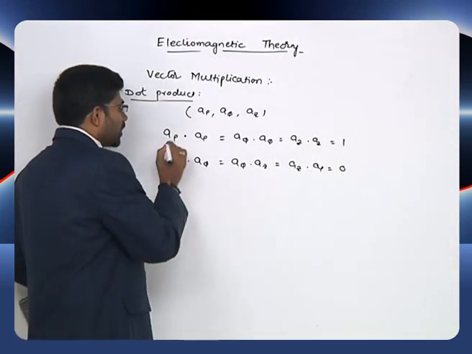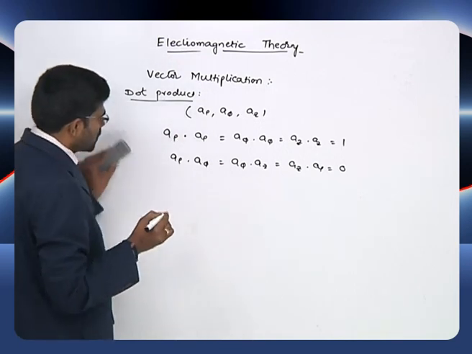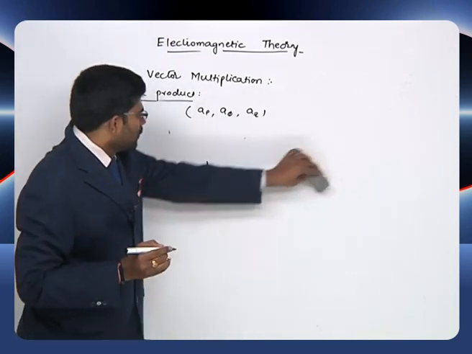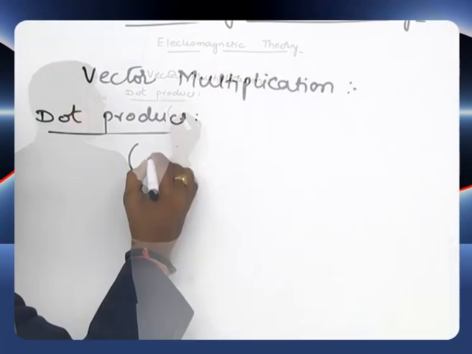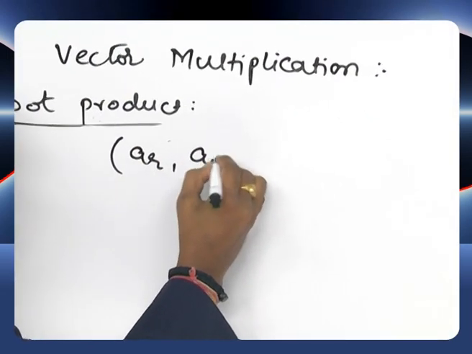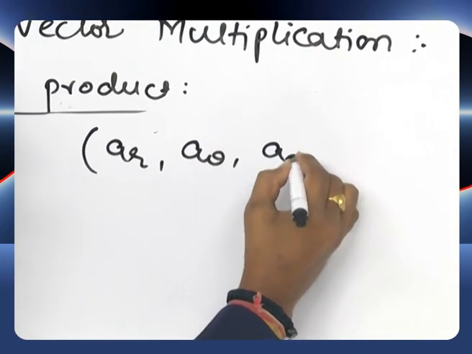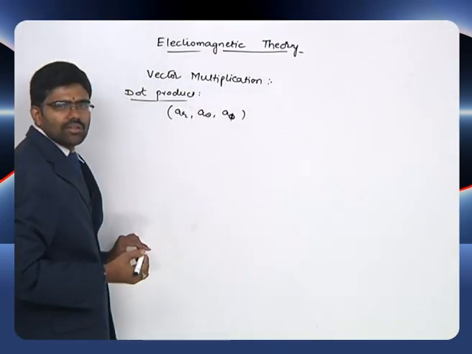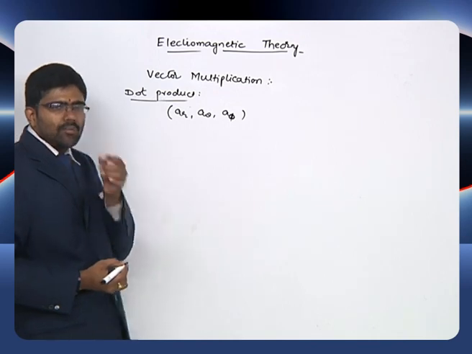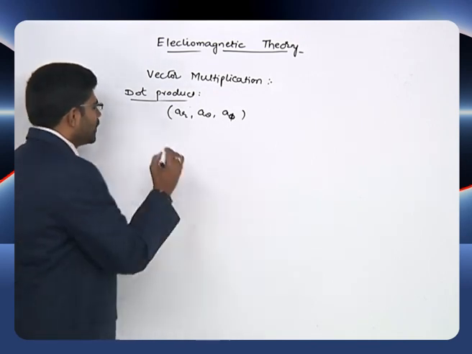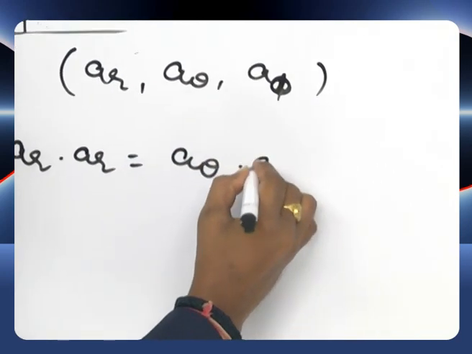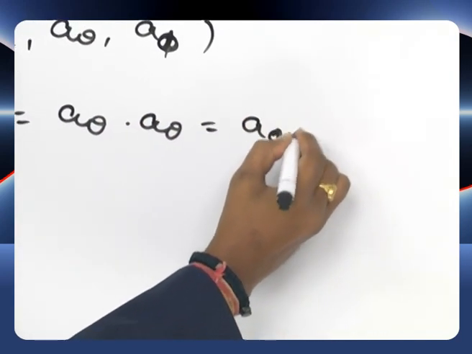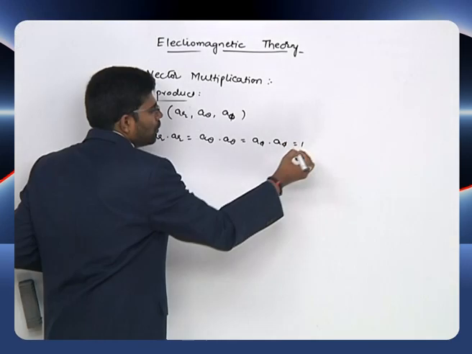Now if you are considering the spherical coordinate system, the unit vectors are ar, a theta, a phi. So these are the unit vectors in our spherical coordinate system. The same combination is applicable here also, that ar dot ar is equal to a theta dot a theta is equal to a phi dot a phi equals 1.